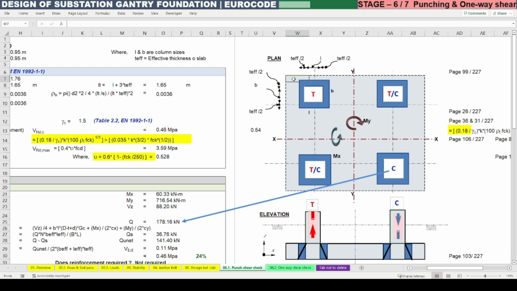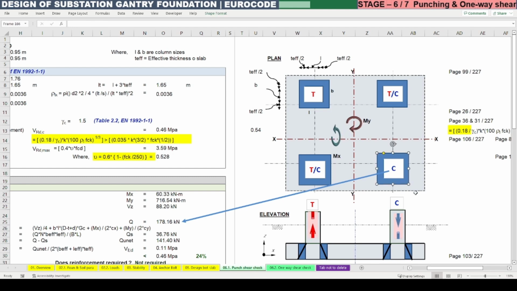So to summarize, the corner column in the top left will be subjected to pure tension, and the bottom right column will be subjected to only compression due to this moment. So the effective way is we need to consider the worst loads.